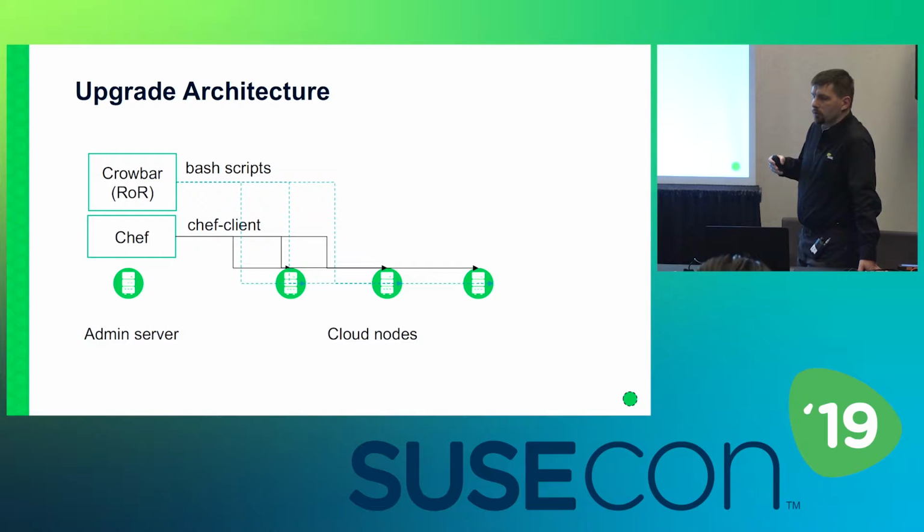For the upgrade, we found out that we cannot really use Chef for everything, because we need to orchestrate the set of steps in a more precise way, and Chef doesn't really allow that, or at least the Chef version we are using. So we had to add another layer. We use Chef for distributing specific bash scripts to all the cloud nodes, and then we are using this Ruby on Rails application to orchestrate the order in which those scripts are executed.